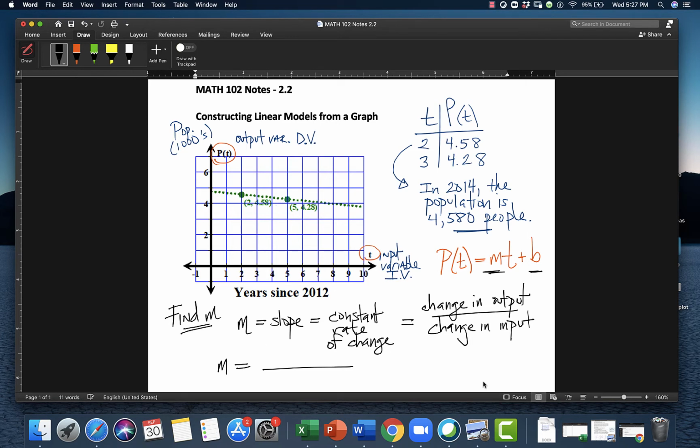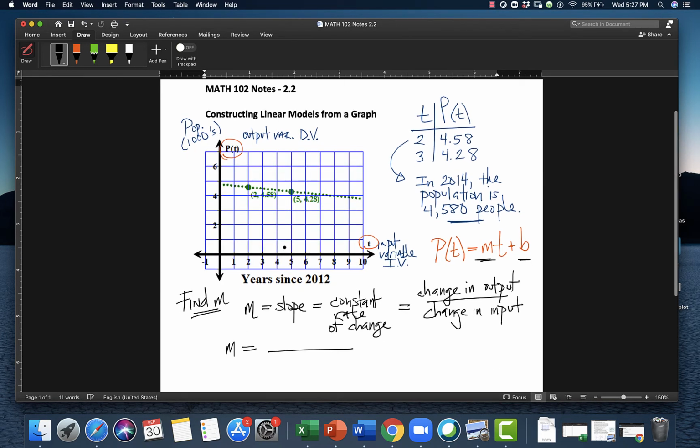Now the other way that we can do this, and actually before I plug things in, we can think of this as y2 minus y1 divided by x2 minus x1 in the context of 2 points, x1, y1 and x2, y2. So let's call this first point x1, y1 and this second point x2, y2. So now we basically have values for this formula. Again, y2 minus y1 is going to be the change in the output values, which in this case would be 4.28 minus 4.58.